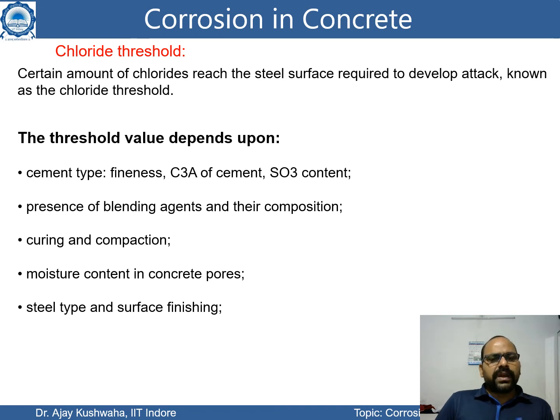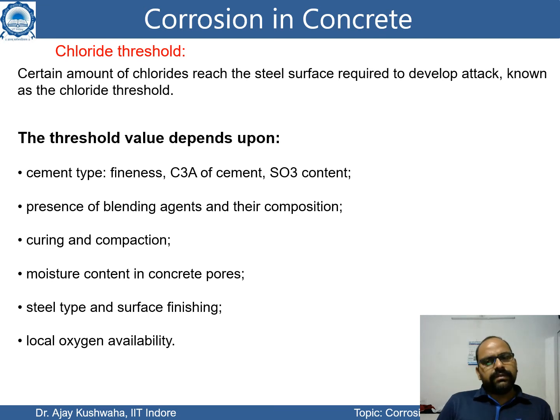So all these parameters basically affect the chloride threshold. You cannot say that this much percentage or this much amount of chlorine will be sufficient to initiate this kind of attack. It will depend upon a variety of parameters. So if we are thinking about chlorine based attack, then we have to consider all these parameters in a concrete structure.